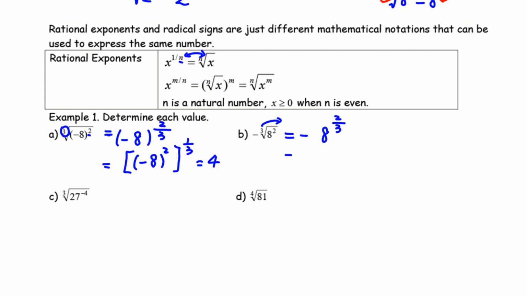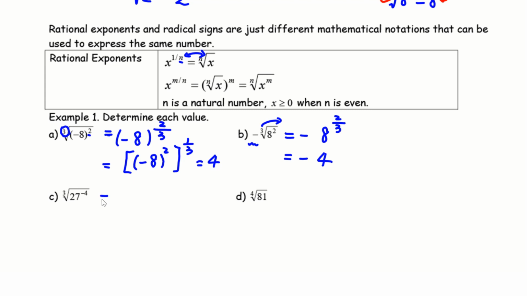Then use your calculator, type it in, and you will have -4. So be careful, this one is not with the base, it's out. After you have the number, then put the negative sign in front.